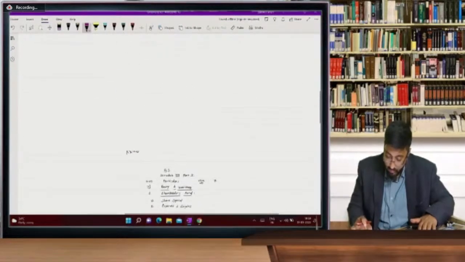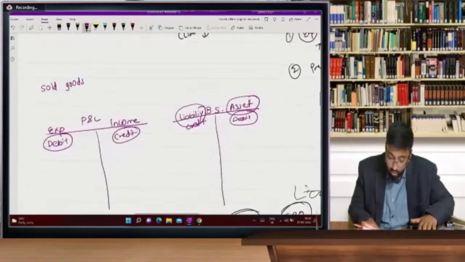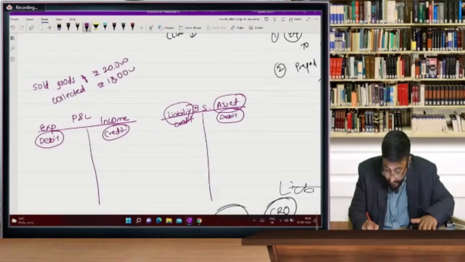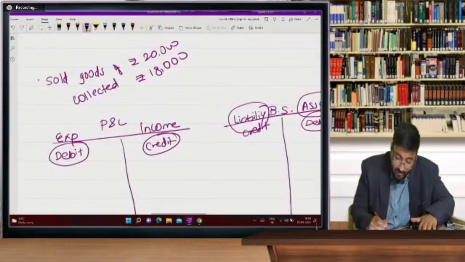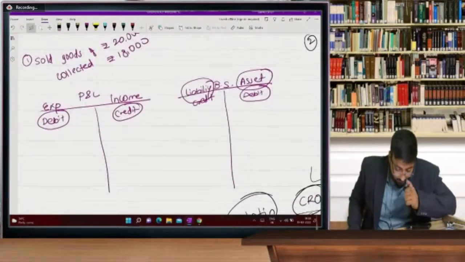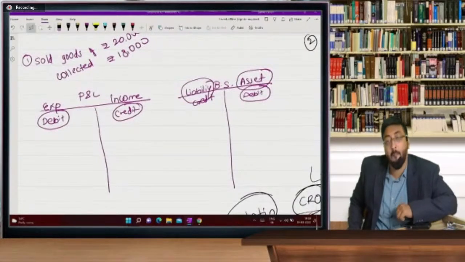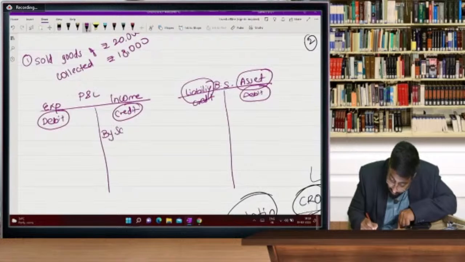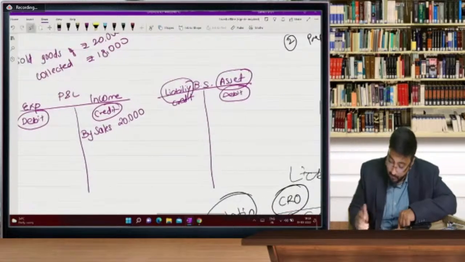Chalo. Now I am moving to sold goods of rupees 20,000 and collected till today 18,000. So please give me the effects of these entries. Where to record? First one I will tell you. Now you can visualize by sales 20,000. So credit 20,000.